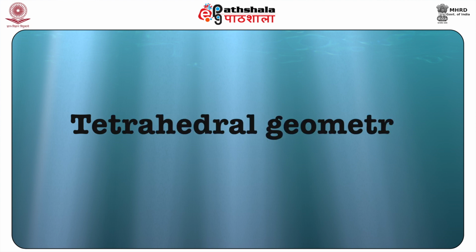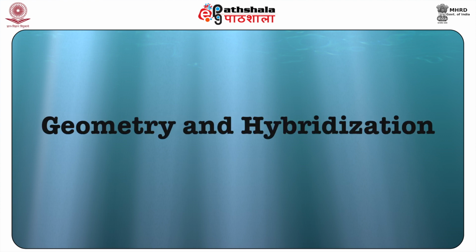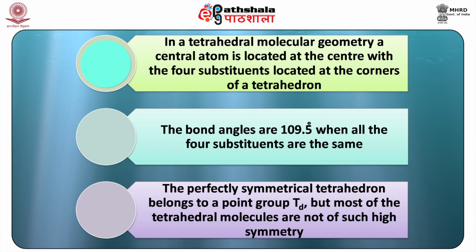Now we will discuss the tetrahedral geometry. First of all, we will discuss the geometry and the hybridization given to it. In a tetrahedral molecular geometry, a central atom is located at the center with the four substituents located at the corners of a tetrahedron.